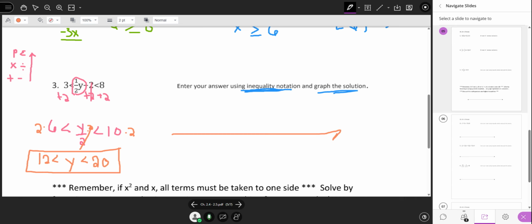Now to graph, here's 12, here's 20. Now, is there an equals here or here? No, there is not an equals in either spot. If there is not an equals, you use an open dot.